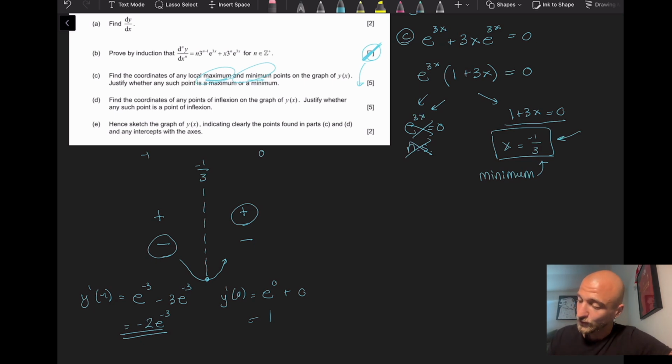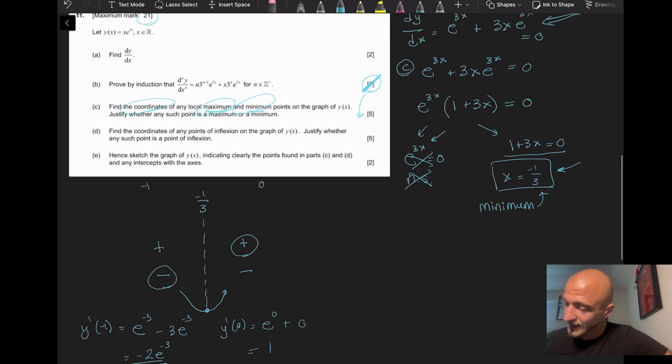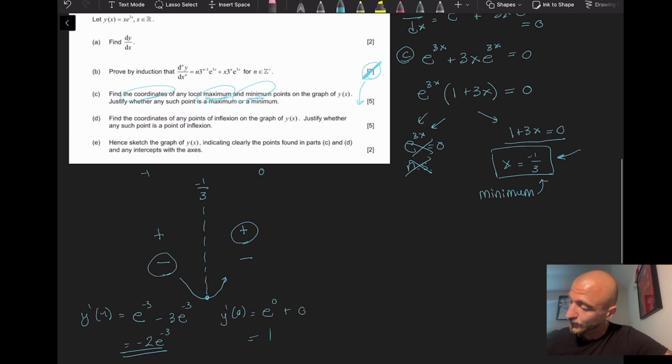It's asking us, though, for the coordinates of that minimum. So we have to go back into our original equation, which again was x e to the 3x, and plug in negative 1/3. So y of negative 1/3 equals x e to the 3x. Let's plug in negative 1/3 times e to the negative 1/3 times 3, which is just going to be e to the negative 1.